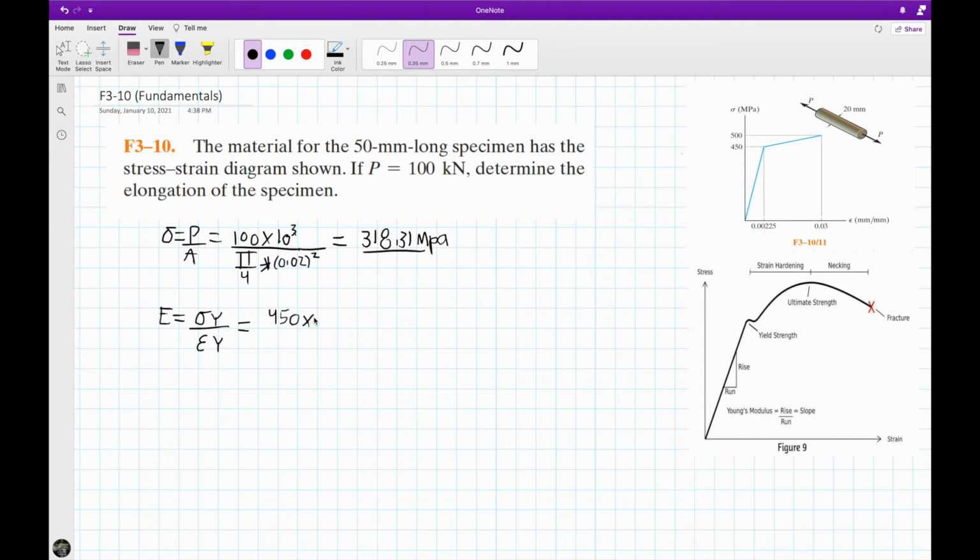We convert to pascals by multiplying times 10 to the 6. This is going to be pascals. And our strain, you can simply see here, is 0.00225. Now simply enter this into a calculator and we get 200 gigapascals.